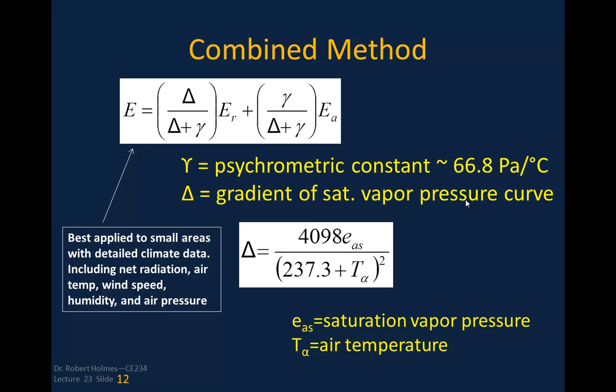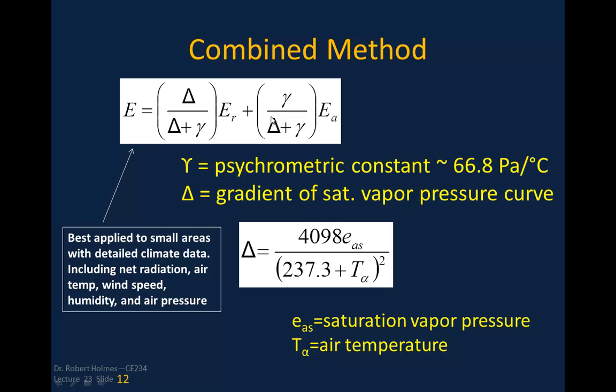You can compute that by this equation here, where again T alpha is air temperature, and EA sub S is the saturation vapor pressure. This is best applied over small areas where you've got detailed climatic data, including net radiation, air temperature, wind speed, humidity, and air pressure.